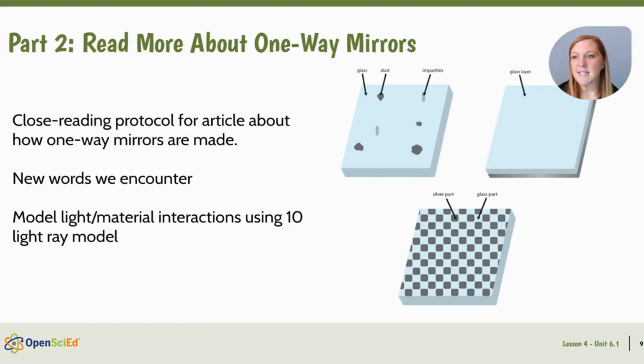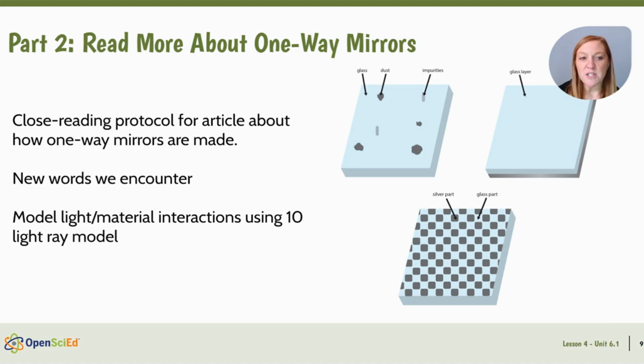So our key moments. Part 2 is the big learn here, where we are figuring out the structure of each of these materials. So we're going to follow a closed reading protocol for an article about how one-way mirrors are made. We encounter some new words, and those words are things like transparent, opaque, impurities, silvering, and we're going to talk through their meanings as we follow this protocol.